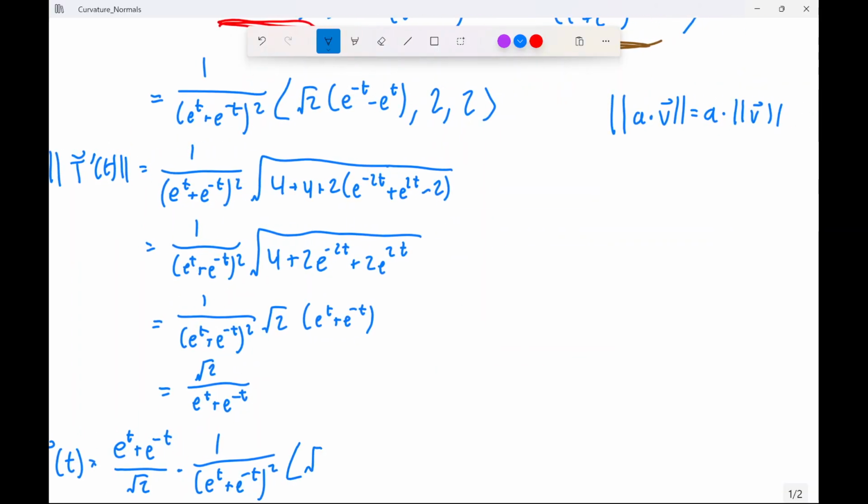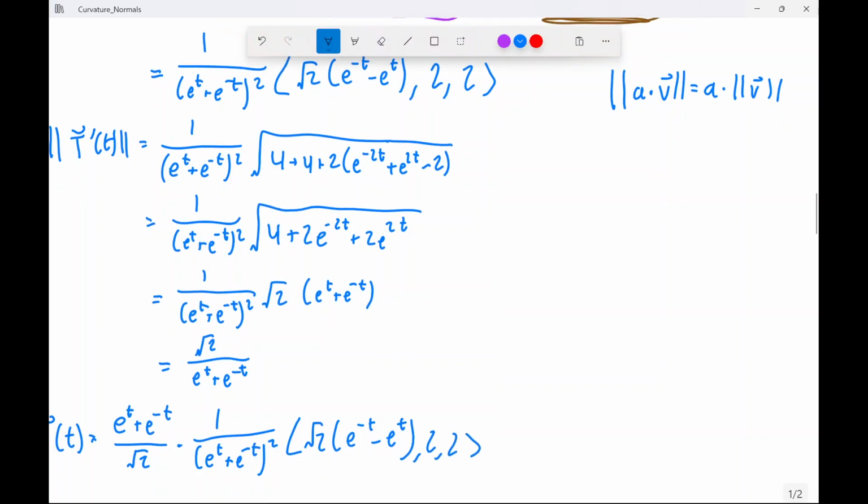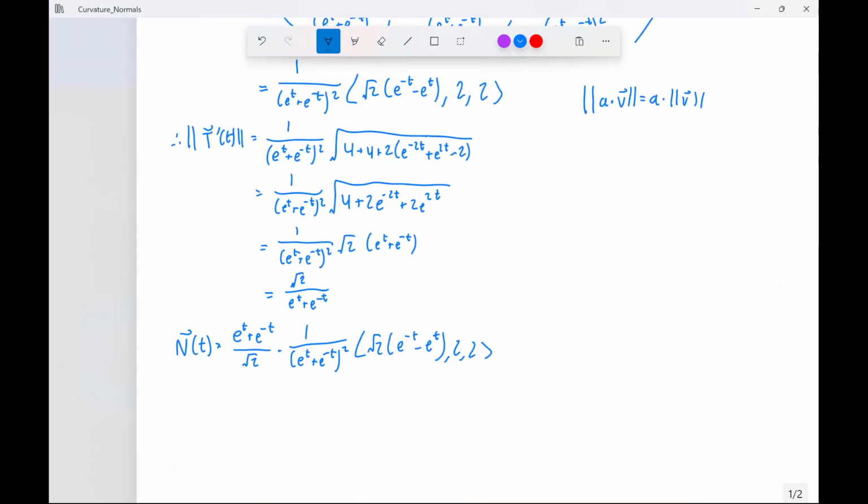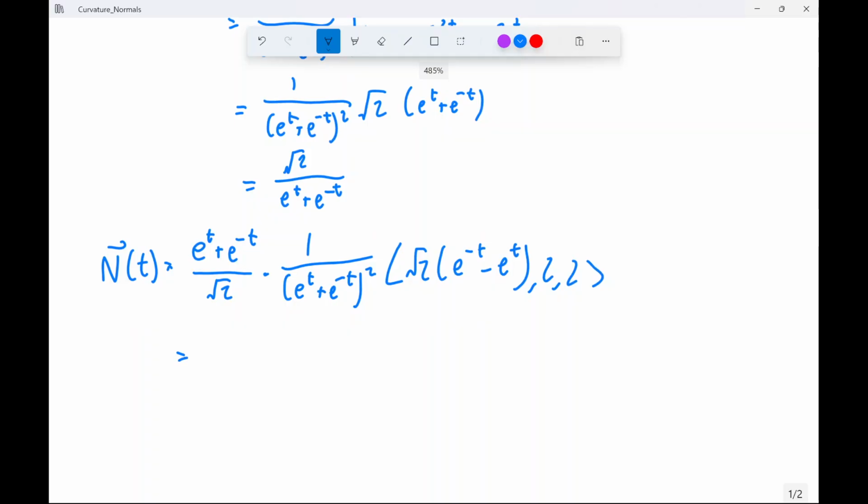So that's root 2 e to the negative t minus e to the t, 2. There's an easy way to do this in terms of hyperbolic sine and cosine, isn't there? I don't think most people know that, though. Whatever. So this is 1 over e to the t plus e to the negative t.